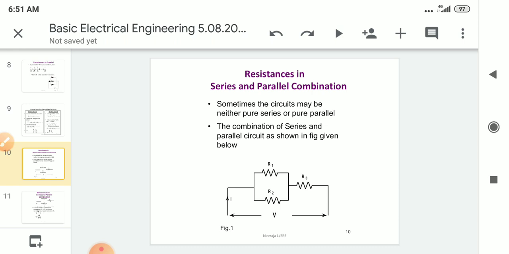If we have many resistances, we have to take their equivalent resistance to simplify our circuit. What is the way to simplify this? Here we know that R1 and R2 are in parallel. So instead of R1 and R2, we write their parallel equivalent resistance, R1 into R2 by R1 plus R2. That parallel equivalent is in series with R3.